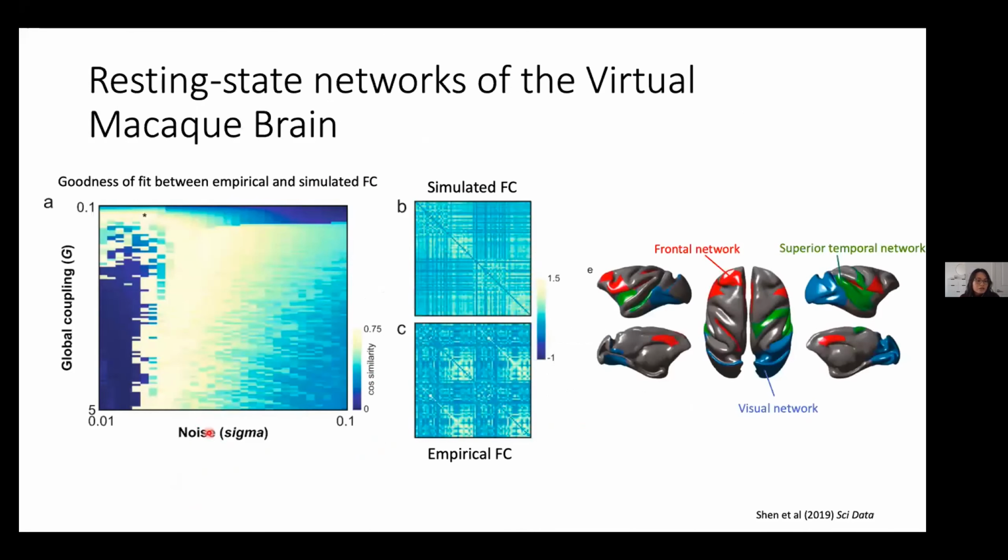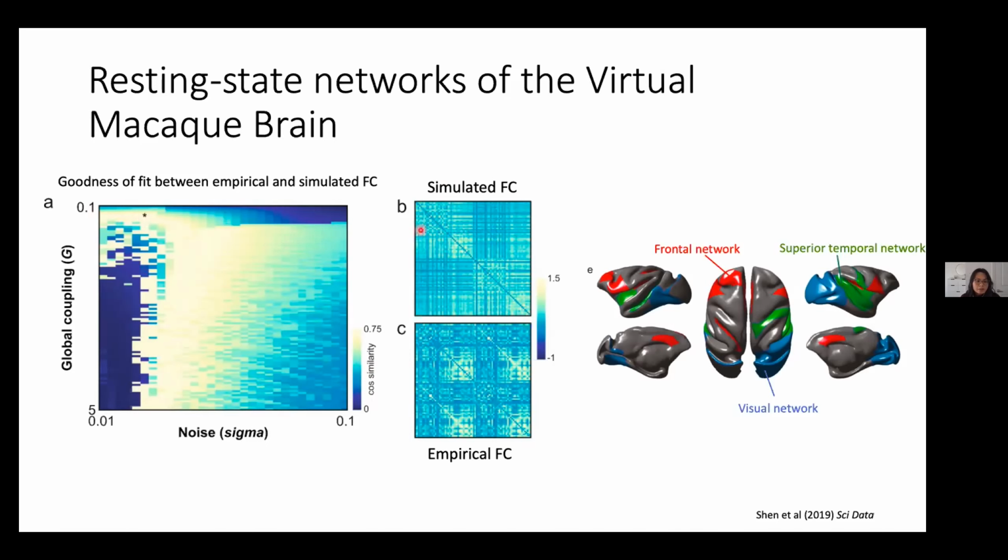So here on the left is that fitting of the global coupling G in the rows, and the noise parameter in the columns. The heat map shows you the goodness of fit as determined by cosine similarity between the simulated functional connectivity and the empirical functional connectivity. The asterisk shows the maximal cosine similarity. So this is the best fit model parameter set.